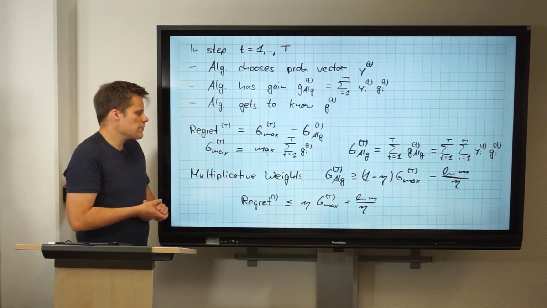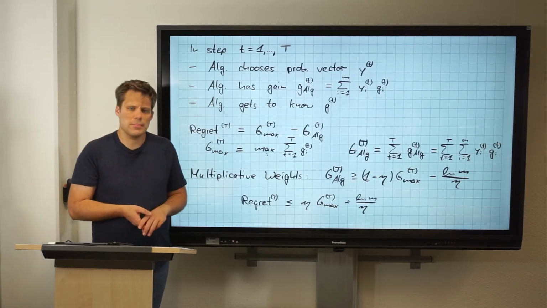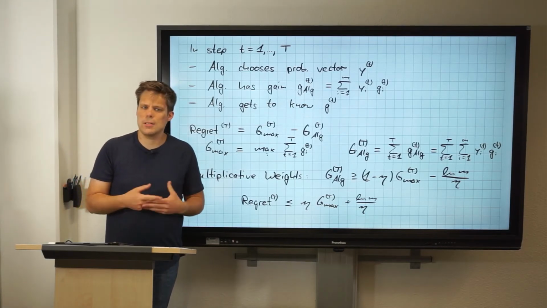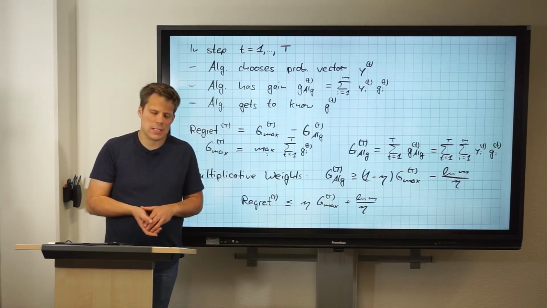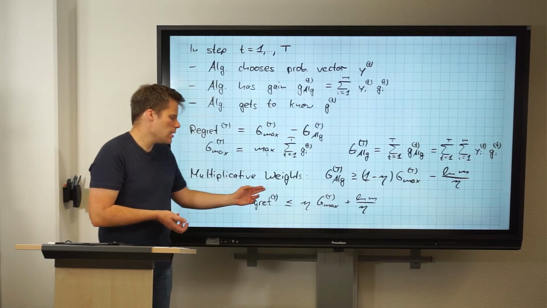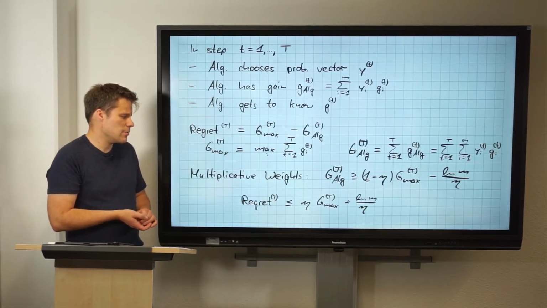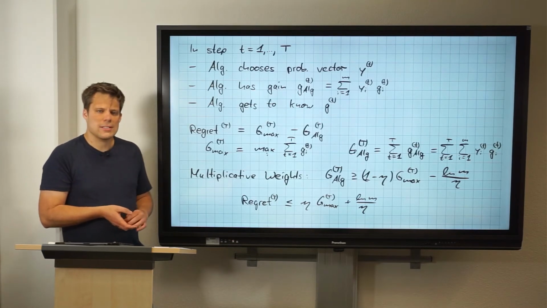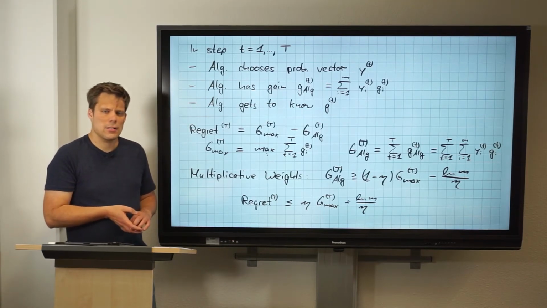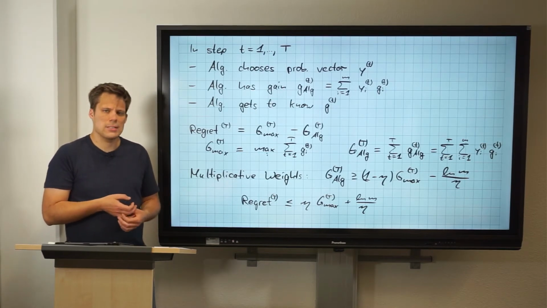So these kinds of algorithms, or in particular we'll use multiplicative weights today, but we could in principle use any no-regret algorithm, because all that we will be relying on is that this regret divided by capital T goes to 0 as capital T increases.